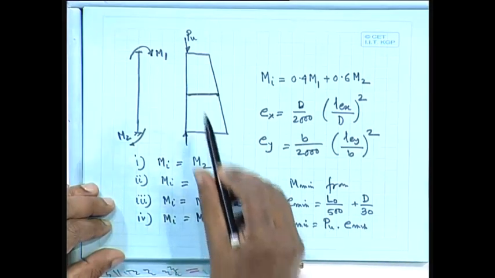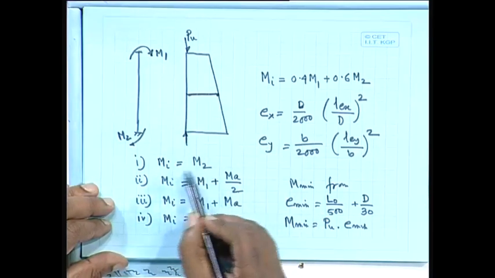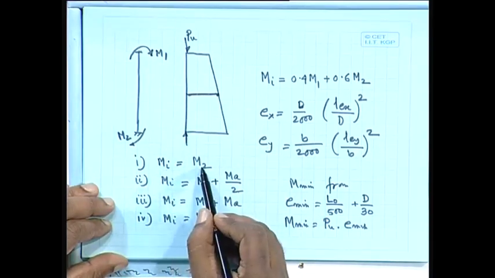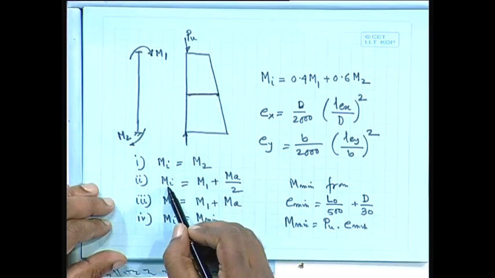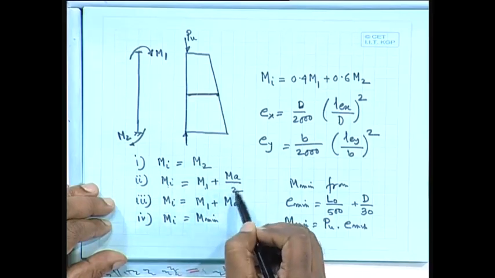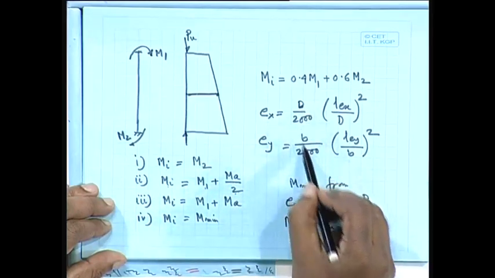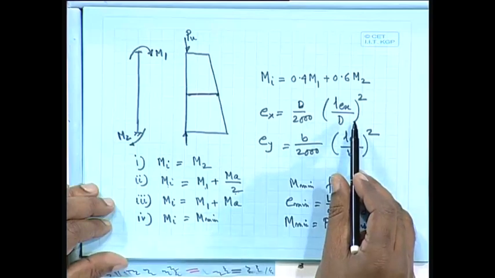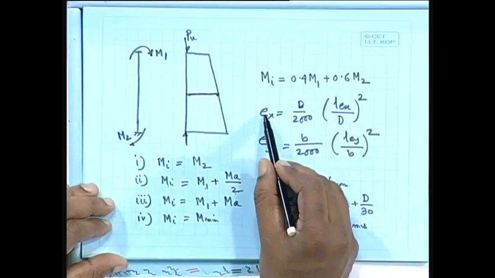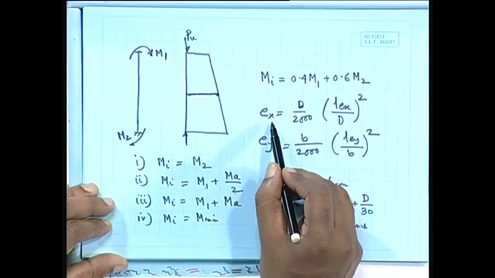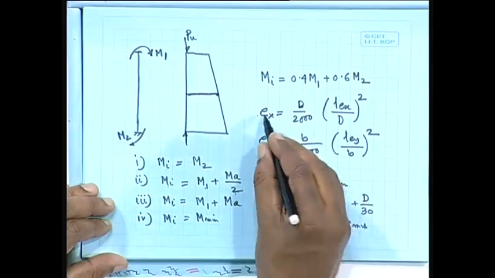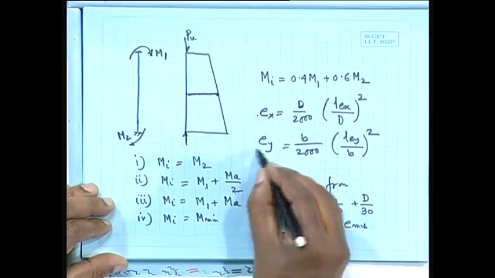So, we are getting 4 cases. That means, if we know M1, M2, I can find out Mi, the intermediate moment. Mi equal to M1 plus Ma by 2, that additional moment you are getting due to your slenderness, that is Pu multiplied by Ex when you are talking along X, so Pu times Ex or Pu times Ey.